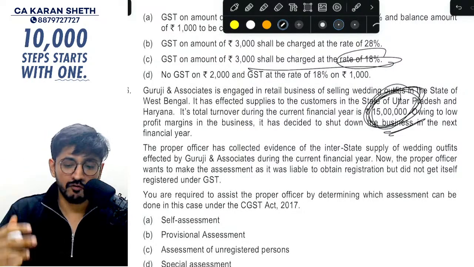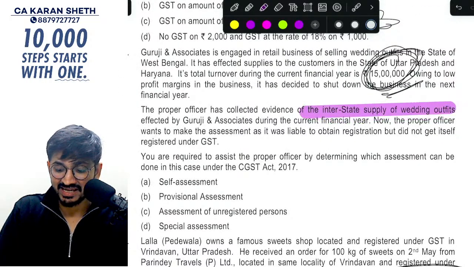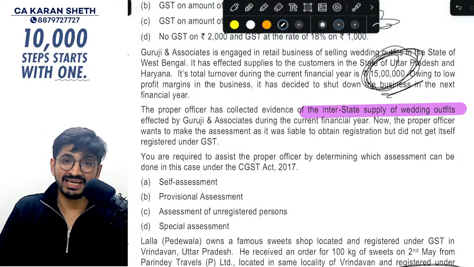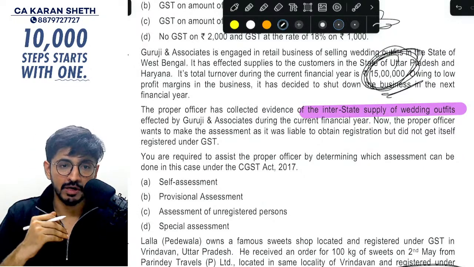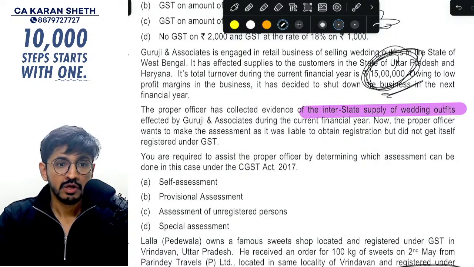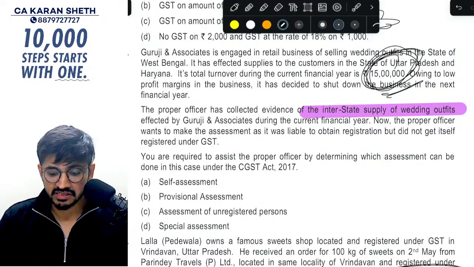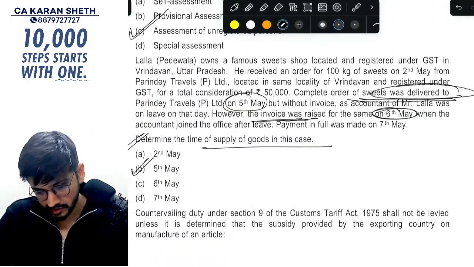But it's the proper officer who pointed out that, listen, you did something which is covered under section 24, compulsory registration, interstate outward supply, and which is why you are a person who is liable to register but not registered. And which is why, my dear friends, you will be assessed under the C part, that is assessment of unregistered person.